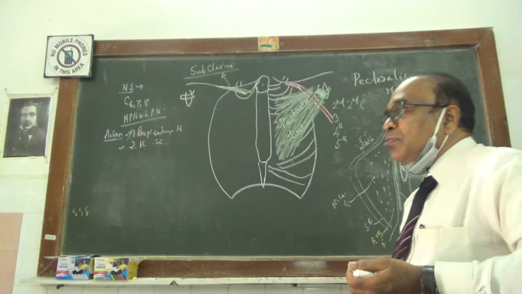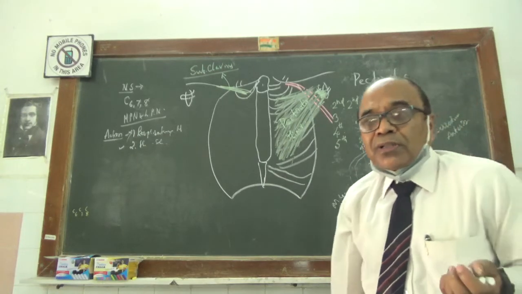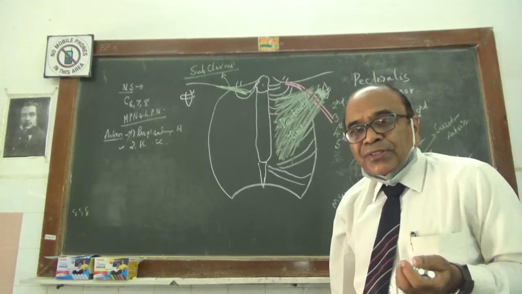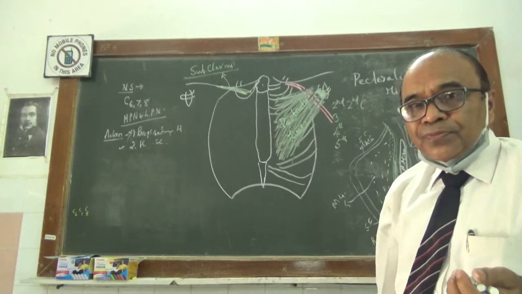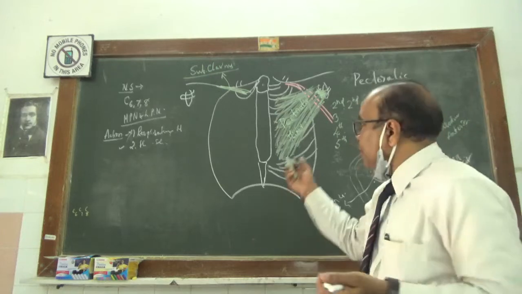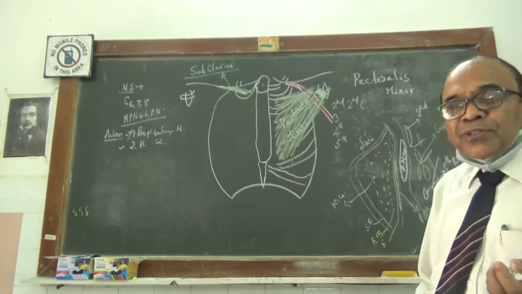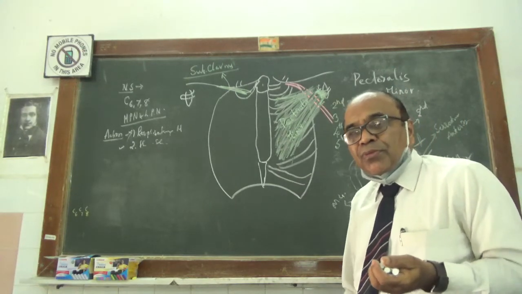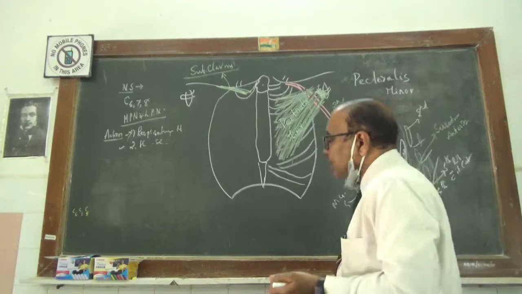It is one of the muscles belonging to the pectoral series, the muscles that connect the thoracic cage to the bones of the upper limb, maybe to the clavicle, maybe to the humerus, maybe to the scapula, but they are bones of the upper limb.